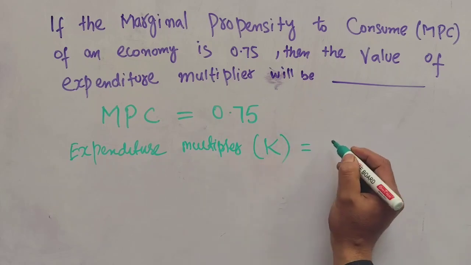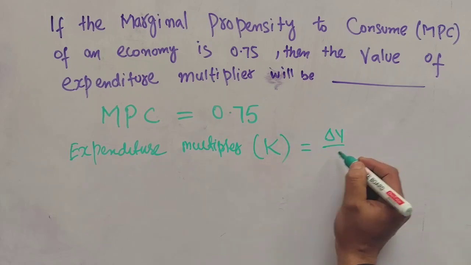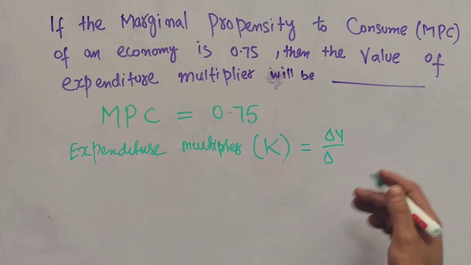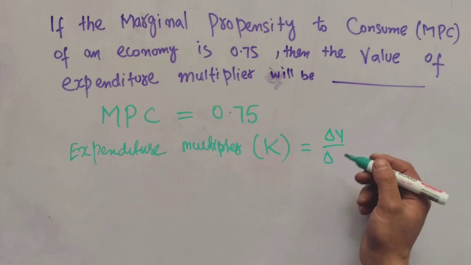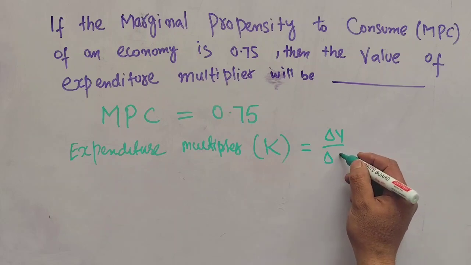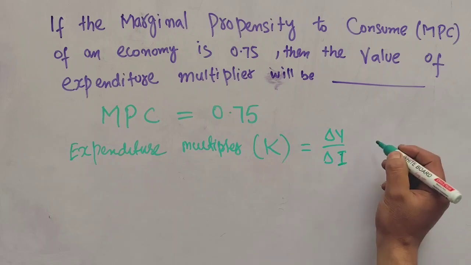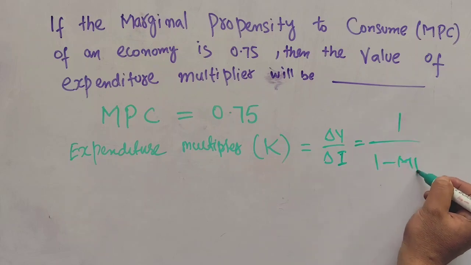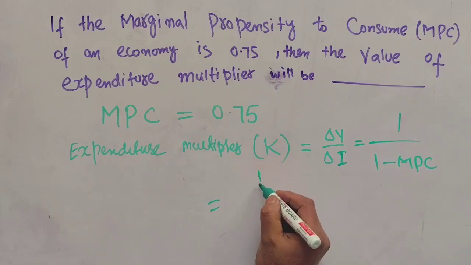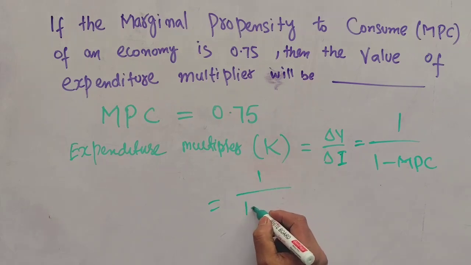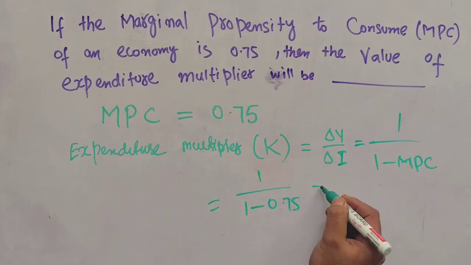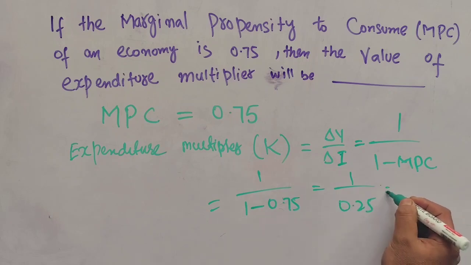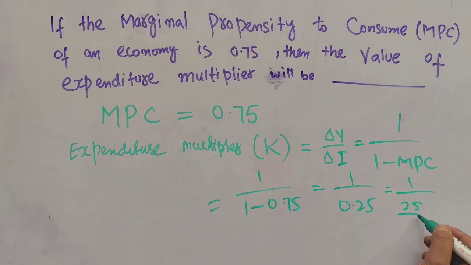It is equal to the change in the output due to the change in the exogenous or autonomous variable, in this case, let us say the investment here. It is equal to 1 divided by 1 minus the marginal propensity to consume. So we have 1 upon 1 minus 0.75, which is equal to 0.25, which will be equal to 1 divided by 25 upon 100.